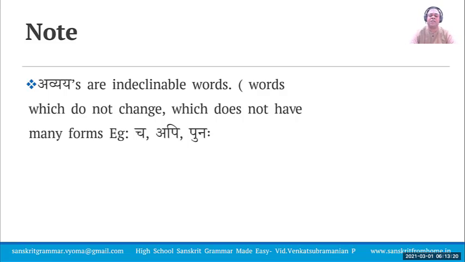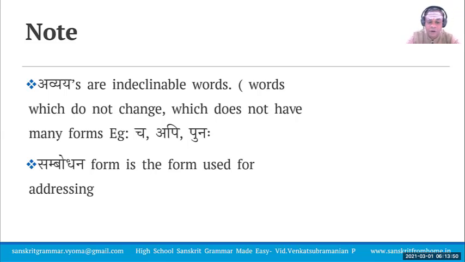Now, these words will not have forms in different numbers or in different cases. Therefore, since they do not change at all, these words are called as avyaya. We will be dealing with avyayas as a separate chapter, and we will be making sentences with avyayas and learning more avyayas in the subsequent chapter.